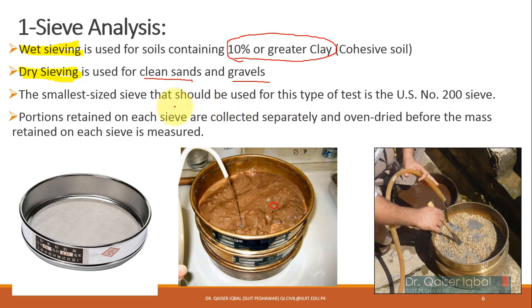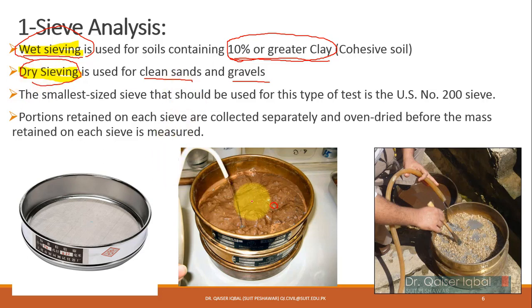Okay, so if your soil contains clay, even a trace amount of 5 to 10%, you will be using wet sieving. Many times people use the dry sieving technique for clay as well, oven dry it, and then pulverize it with a hammer, which is not recommended and is not the ASTM standard procedure, because with a hammer you cannot detach the small particles attached to the surface of sands or gravels.